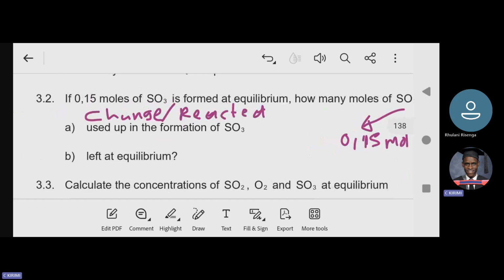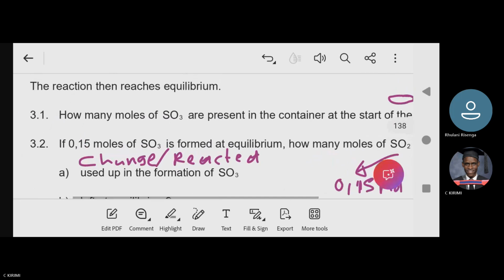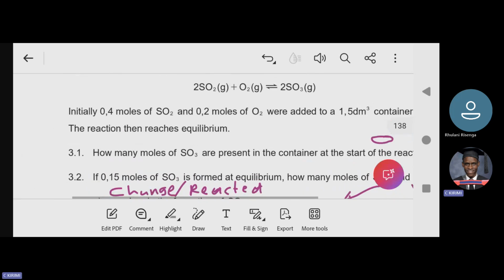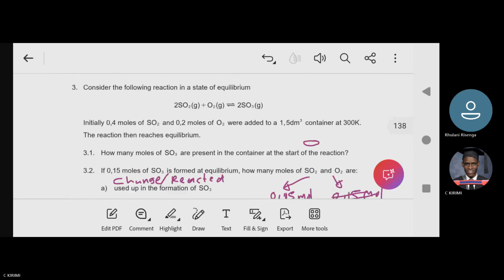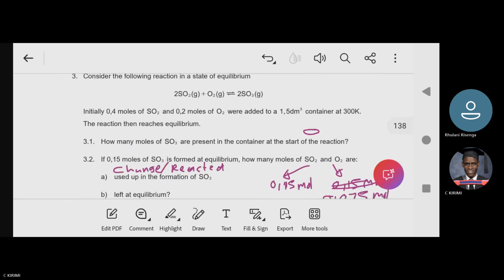And how are you solving it? Initially, how many moles initially were you having? Check the initial moles. Isn't it to use the initial moles to calculate the ones which are left at equilibrium? So instead of 0.55, you have added, isn't it?